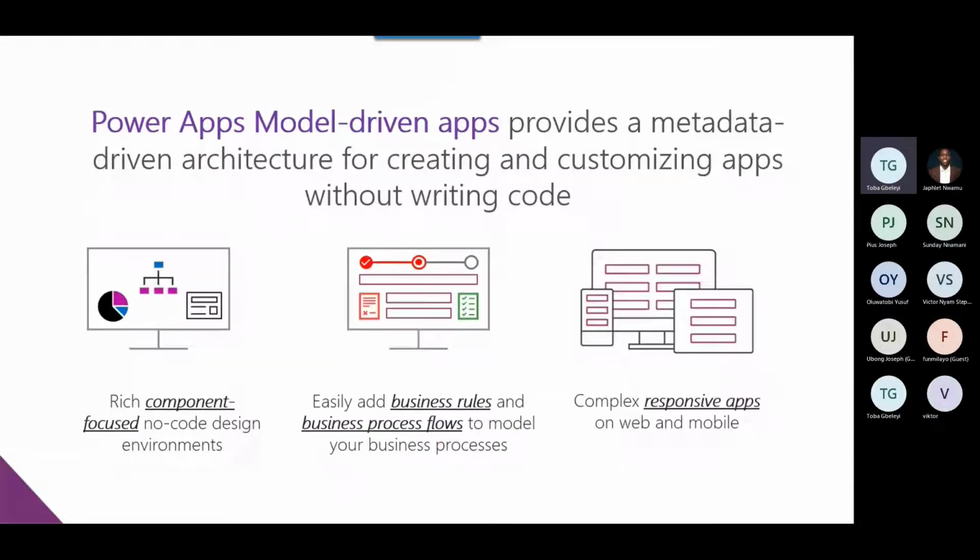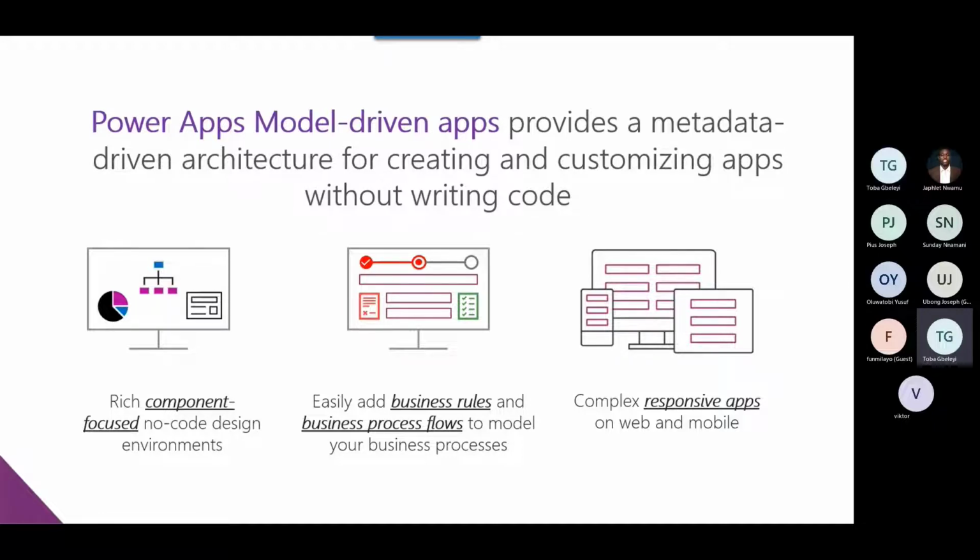Basically, with Power model-driven apps, you don't need to write any code. It gives us the capability to customize our app without writing any code. The component focus is a no-code design environment. With model-driven apps, you can easily build your business rules and business process flows to model the processes you're trying to build.